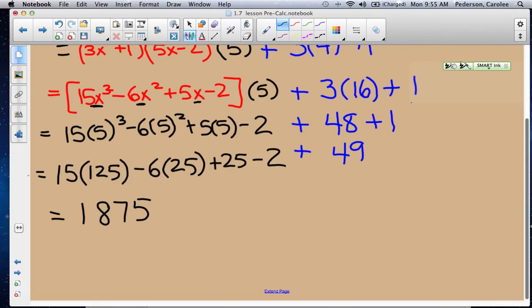Negative 6 times 25, negative 150. Maybe you want to do the rest all in one.